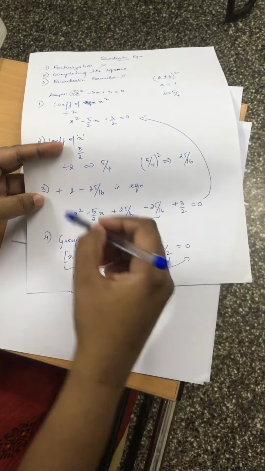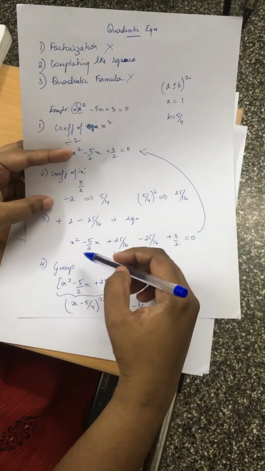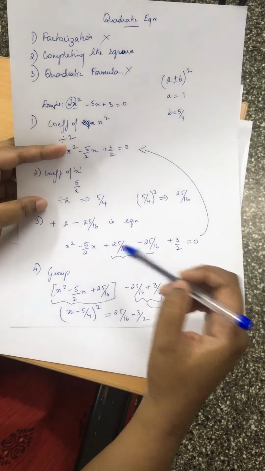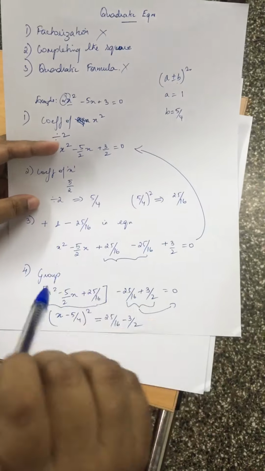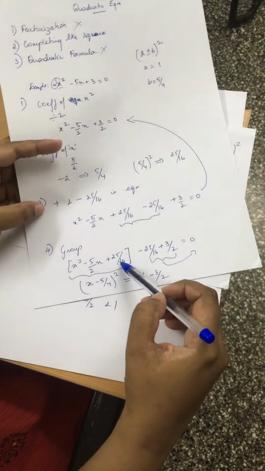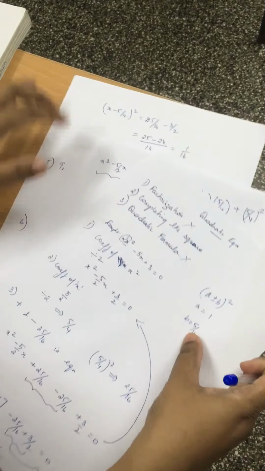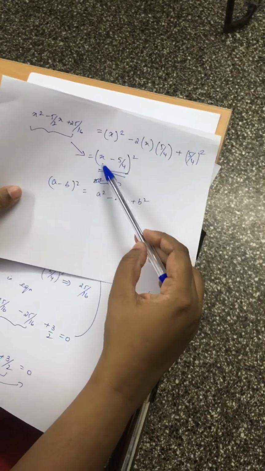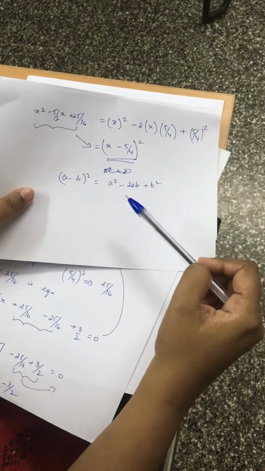The fourth step would be where you group these terms. And how do we group it? We always take the first three terms, which is x square and then the x value and the positive squared value that you have introduced into the equation over here. And this is actually of the form, as I've explained, x minus 5 by 4 the whole square, which is a minus b the whole square.